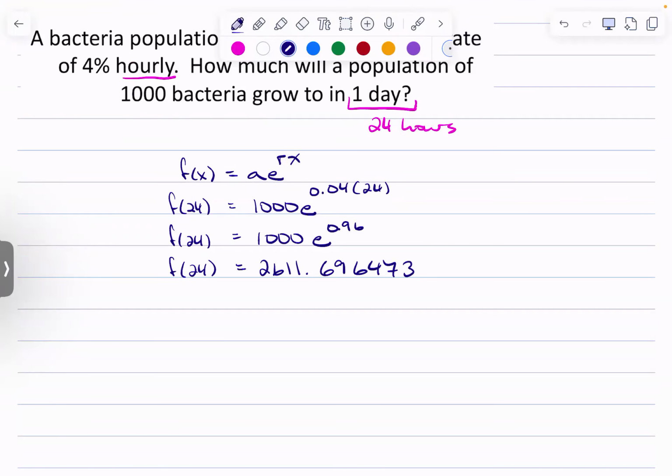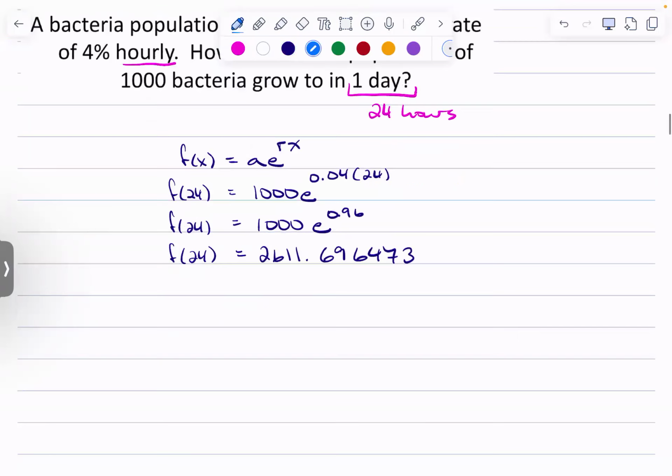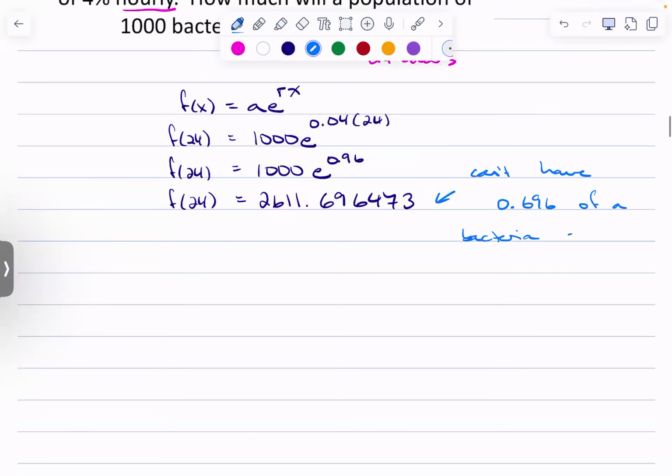2611.696473. And you can just leave it there if you want. Obviously, you can't have 0.696 of a bacteria, and so usually we would round up to the whole number.